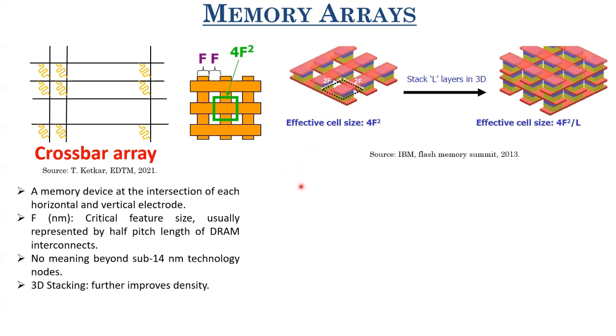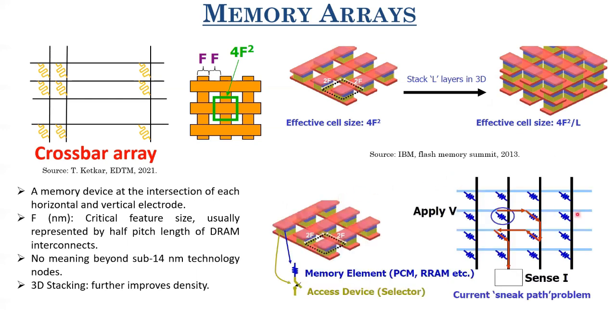So 3D stacking can be used further to improve density, but in VLSI, nothing comes for free. Whenever you introduce things which improve area, there would be something which decreases in terms of performance or energy. Here also something happens. In any cross-point array comprising 2-terminal devices, here I am representing those by these resistances.